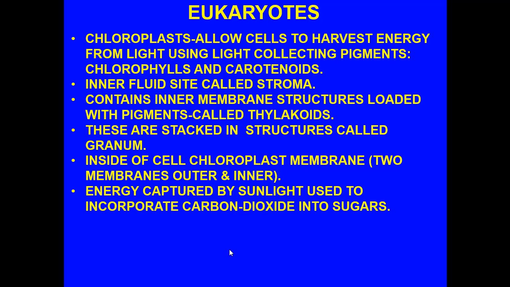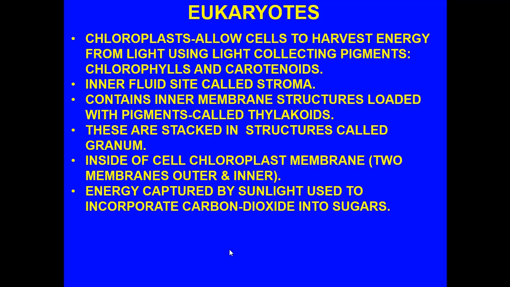When energy is captured from sunlight, it is used to incorporate carbon dioxide into sugars. So chloroplasts will, without getting too technical, basically capture the energy, make it into first ATP, then use it to incorporate carbon dioxide, fusing them together to make sugars.